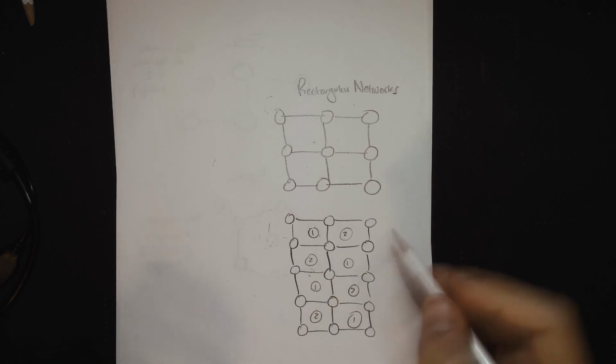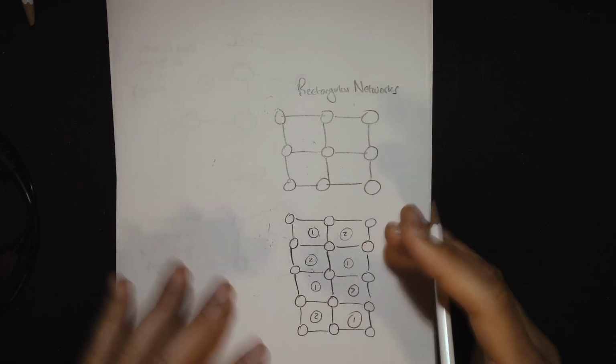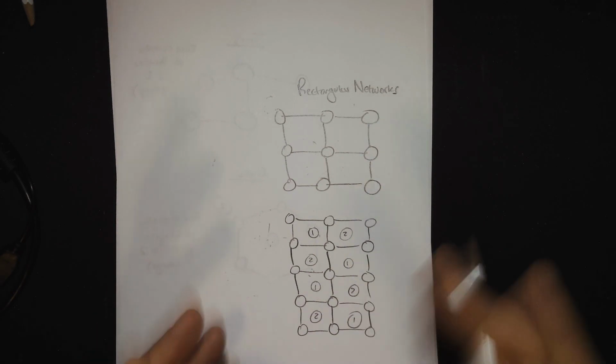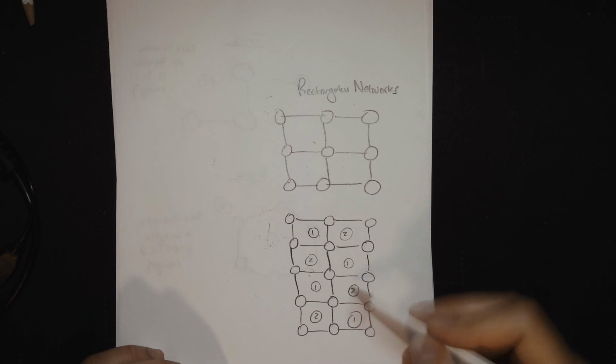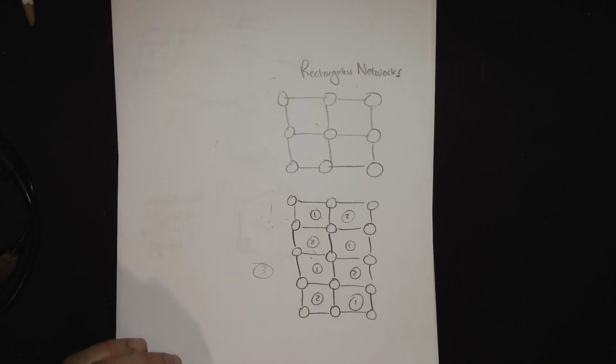Okay? This holds for any number of rows and columns. We can do this checkerboarding of the faces on the inside, which means that we can use only 2 colors to color the faces on the inside of the rectangular network, and then we'll just need a 3rd color for the outside.